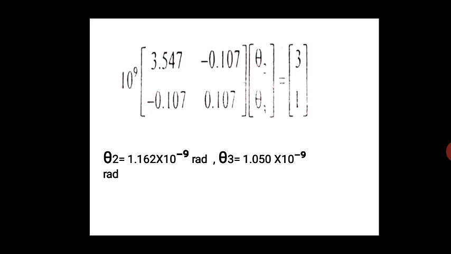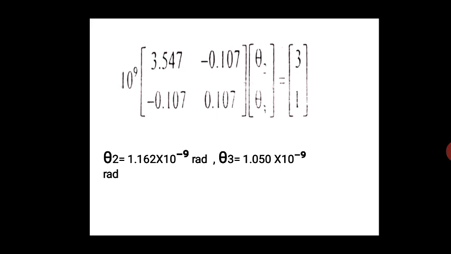Theta 2 is equal to 1.162 into 10 raised minus 9 radians, and theta 3 is equal to 1.050 into 10 raised minus 9 radians. These are the unknown deformations, that is, the angular twist at node 2 and node 3.